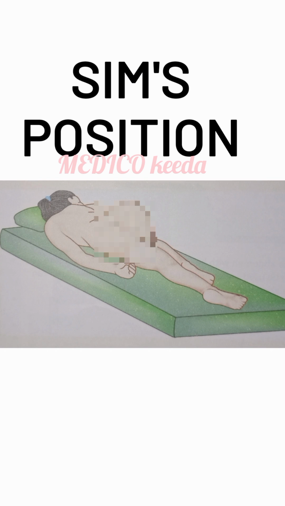Both legs are flexed at the hip and knee, but the upper leg is more flexed and is drawn up to the level of the chest. It means your upper leg is very flexed and should be drawn up to the level of your chest.